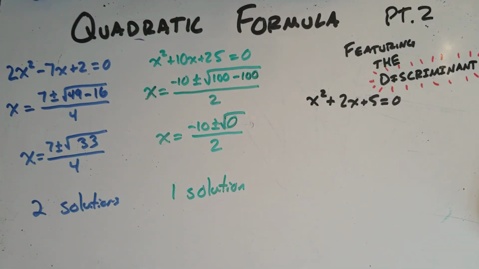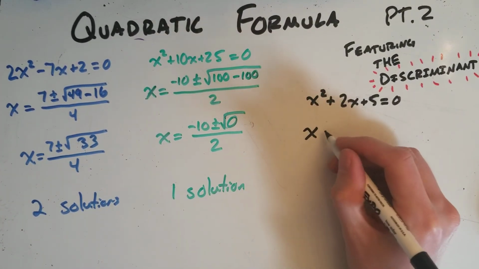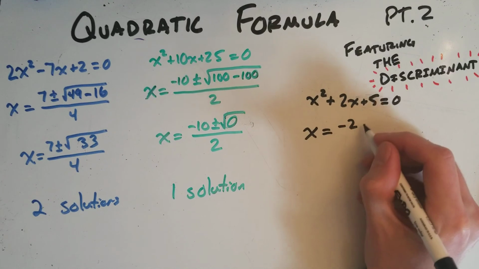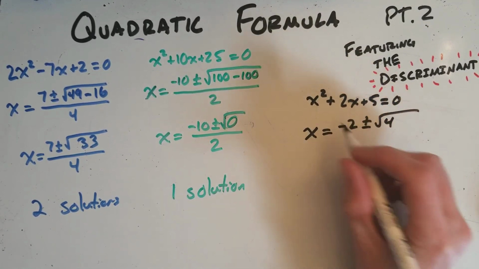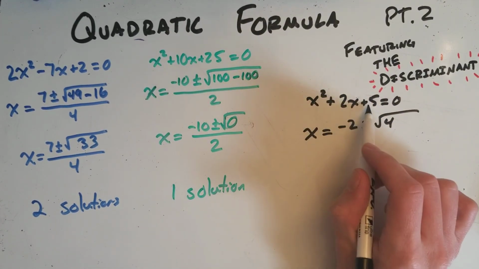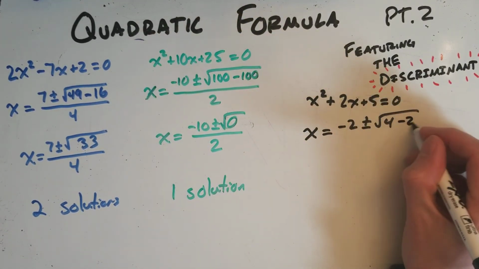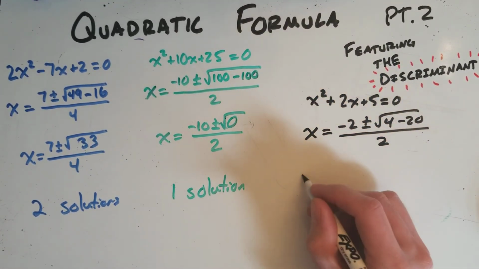It's the same thing. In our last one, we have x equal to, opposite of b, negative 2, plus or minus the square root of b squared, which is 4, minus 4ac. So a times c is 5, times 4 is 20, so minus 20, all over 2a, so all over 2.